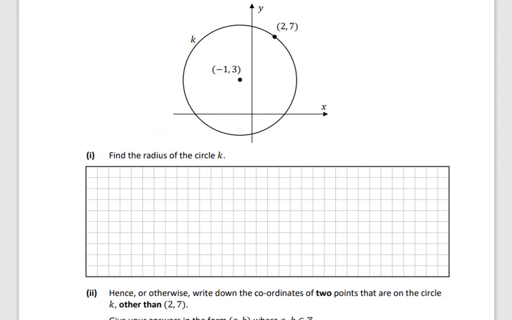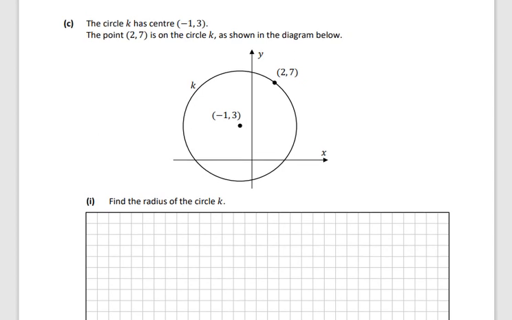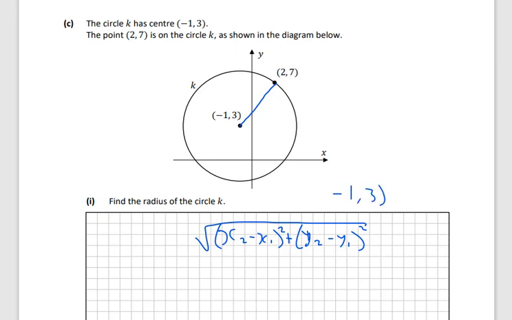Right, find the radius. This was a nice enough circle question. Find the radius of the circle K. The radius is the distance from that point to that point, and we can just use our length formula. So (x2 minus x1) squared plus (y2 minus y1) squared. And I'm using my points (-1, 3) and (2, 7) as x1, y1, x2, y2.